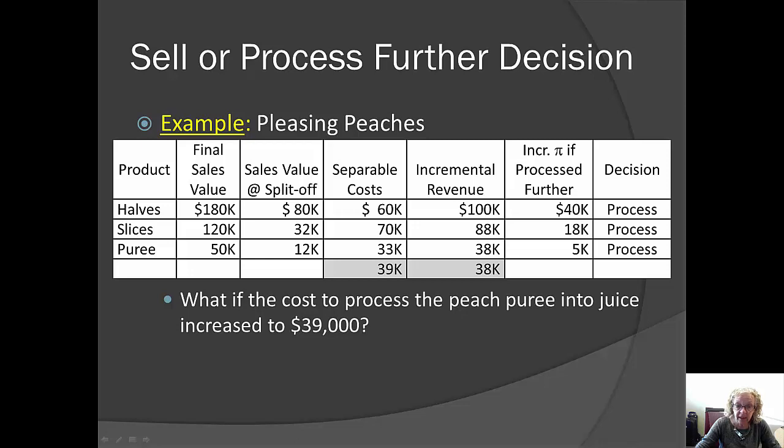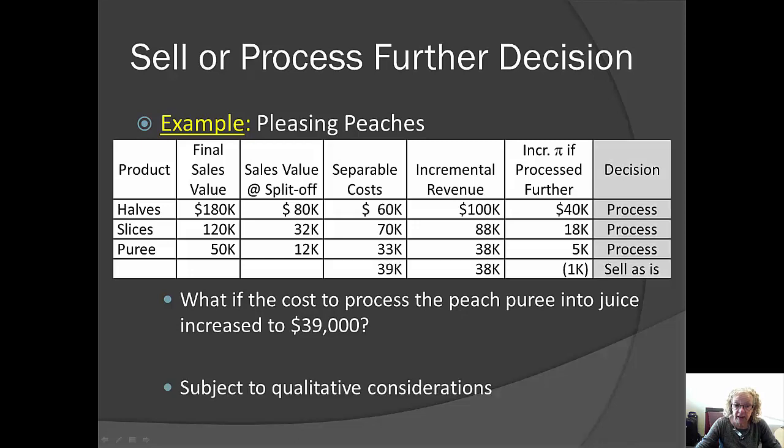Now, all of a sudden, the incremental revenue that we would get from making the juice is less than the cost to make it. So if we chose to turn the peach puree into peach juice, it would actually decrease our profits by $1,000. In that case, we would probably decide to sell the peach puree as it is.